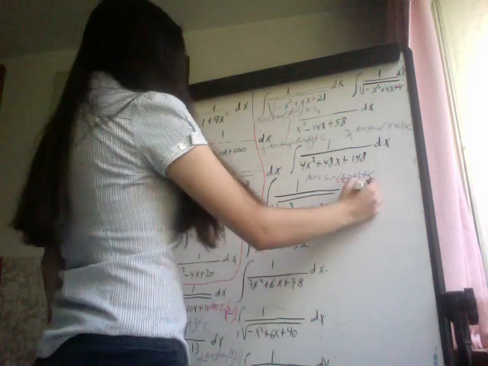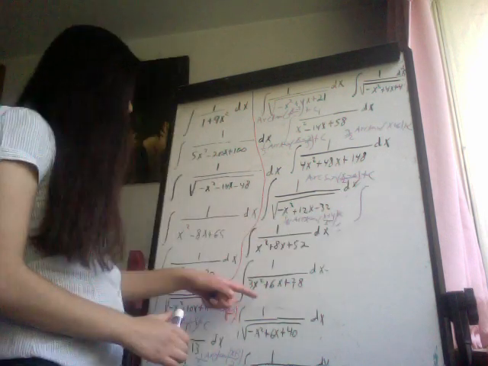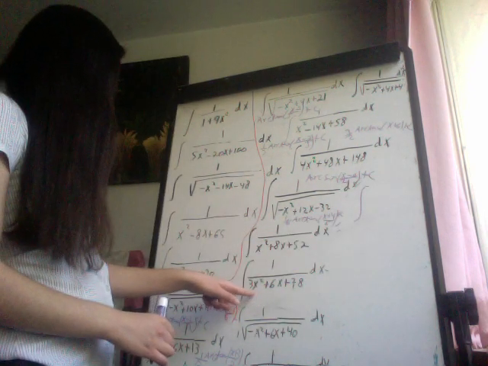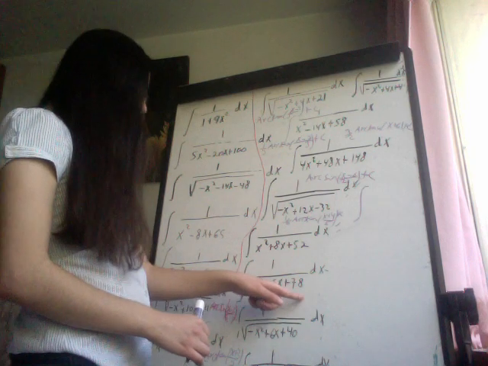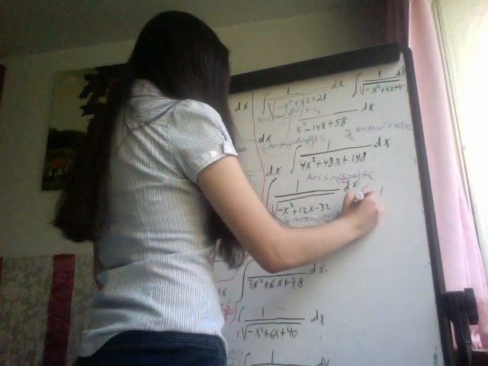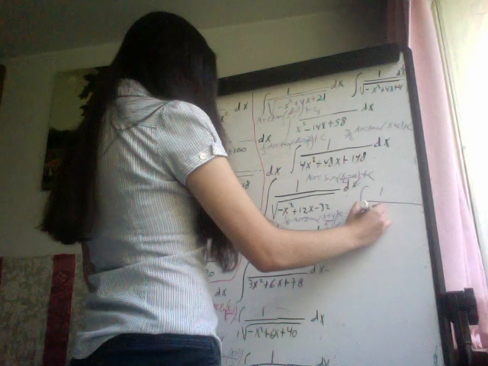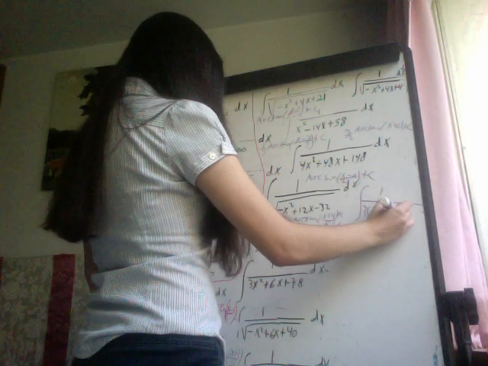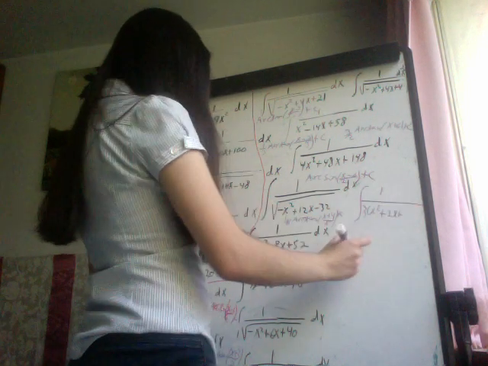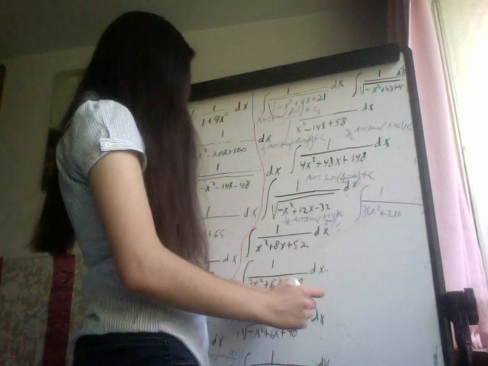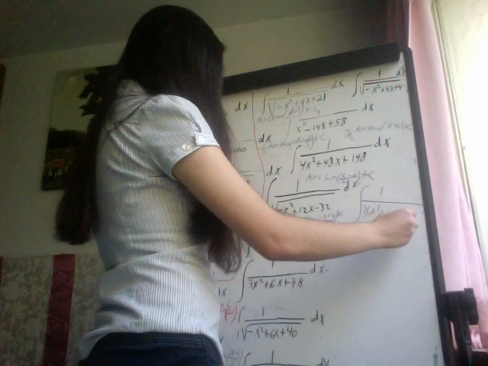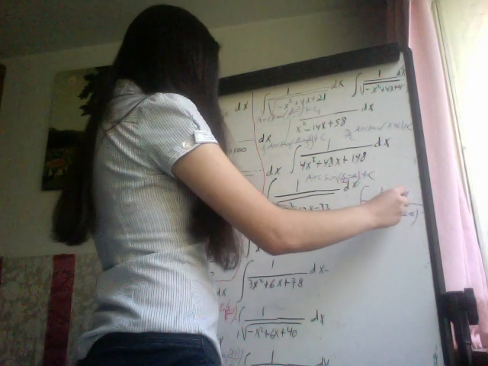Next one. This is the integral of 1 over 3x squared plus 6x plus 78. So the integral of 1 over 3 times (x squared plus 2x plus 26) dx.